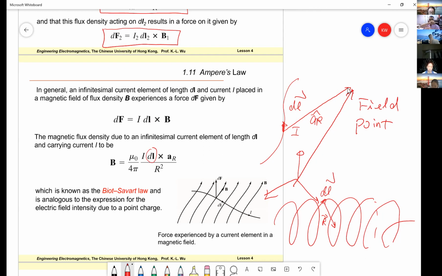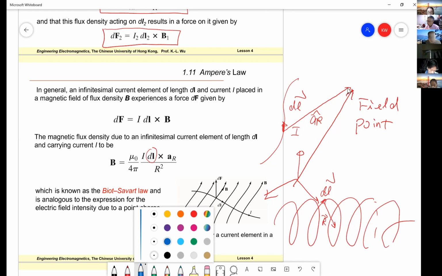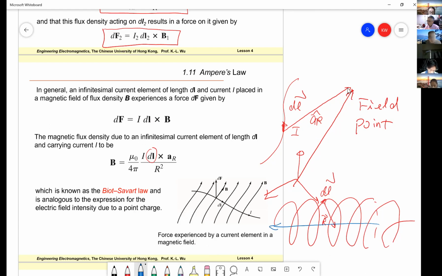Anything outside of a coil, you will find goes in the opposite direction. So this is B inside, and B outside in the opposite direction.